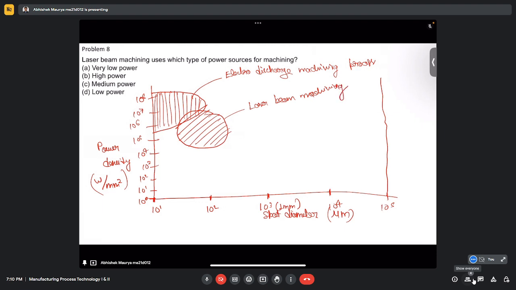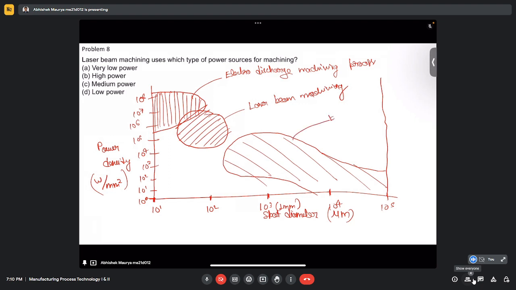And there is a broad spectrum of electron beam machining. This broader area is electron beam machining.